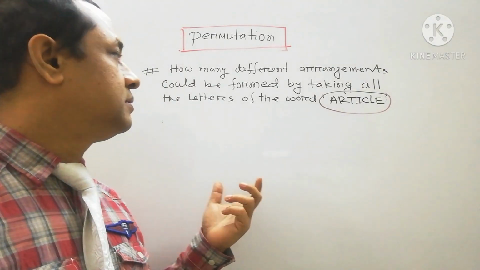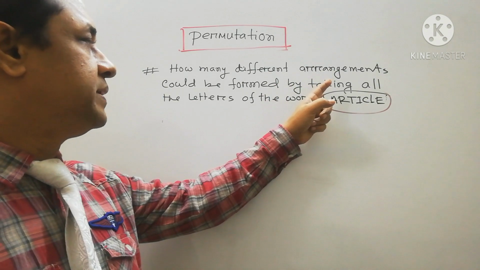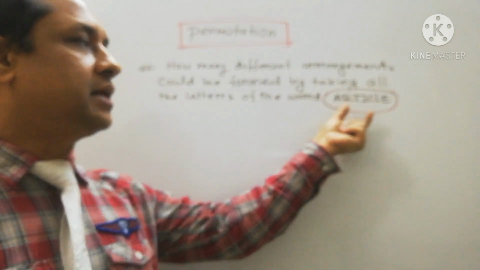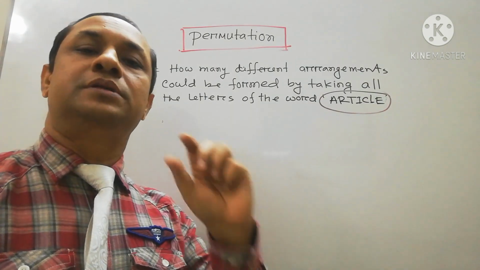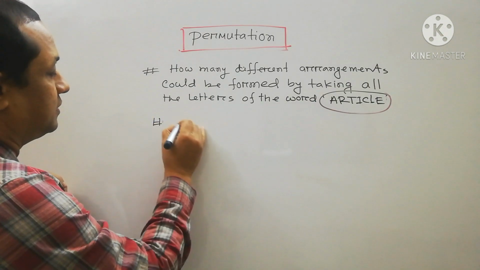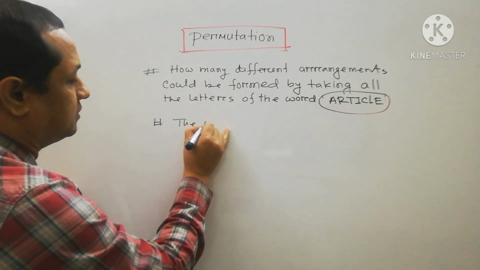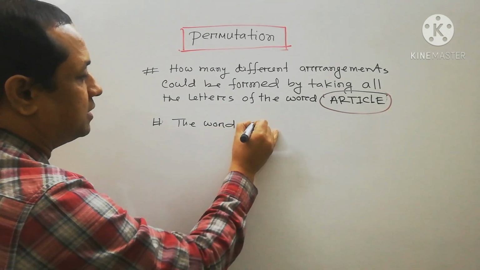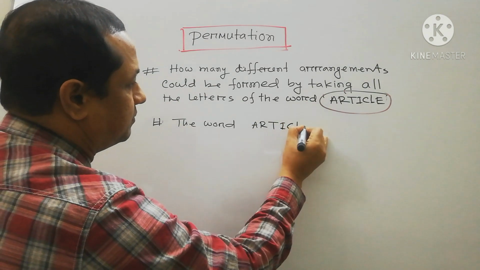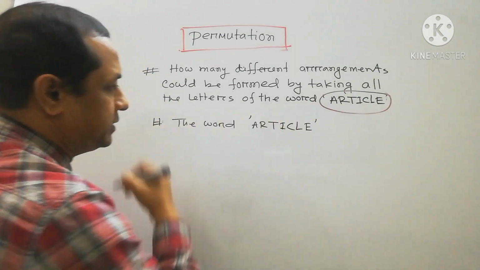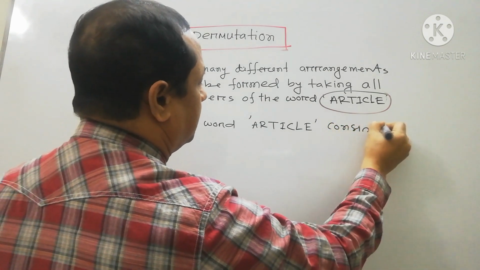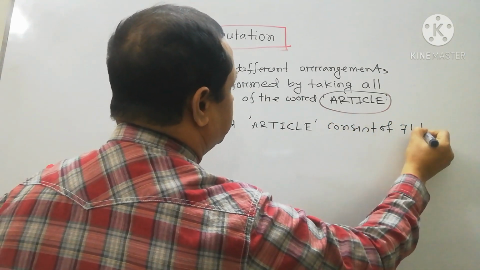Another example. Students, how many different arrangements could be formed by taking all the letters of the word ARTICLE? So students, here the word ARTICLE consists of 7 letters, 7 different letters.